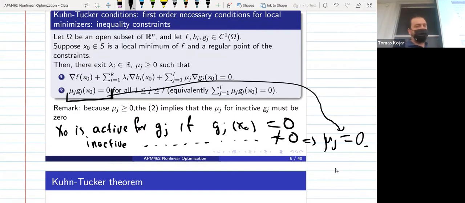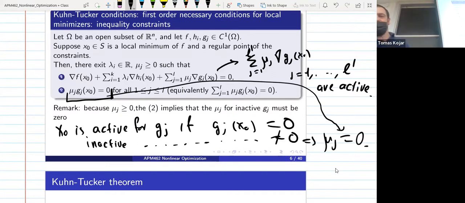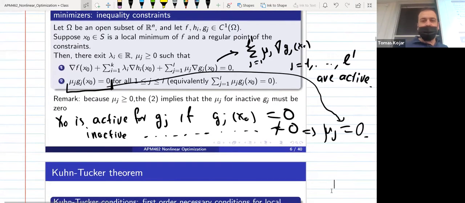That means the first order condition, which I will write in a second, is of the form sum over j from 1 to L prime of mu j times the gradient of G j at x naught, where G 1 to G L prime are active. That makes the first order condition cleaner and much easier to check. You just have to check the active ones at your candidate local minimum. We will do many examples, but that's the idea.